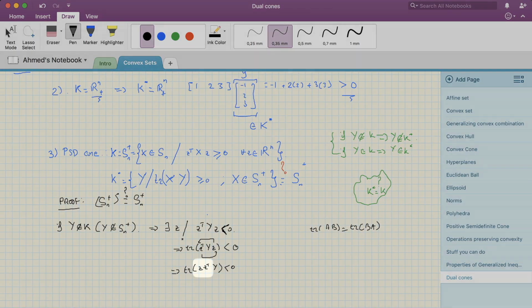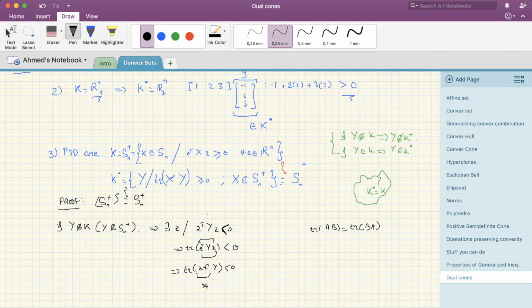If you pick this to be your X, i.e. X is ZZ transpose, and any matrix of this form is in Sn plus, by the way, because it is an outer product, and all outer products are positive semi-definite matrices. You can easily prove that. This is an X that falls in Sn plus. And guess what? This type of Y has violated this criterion. So Y does not fall in K star. This means that Y will not fall in Sn plus star.